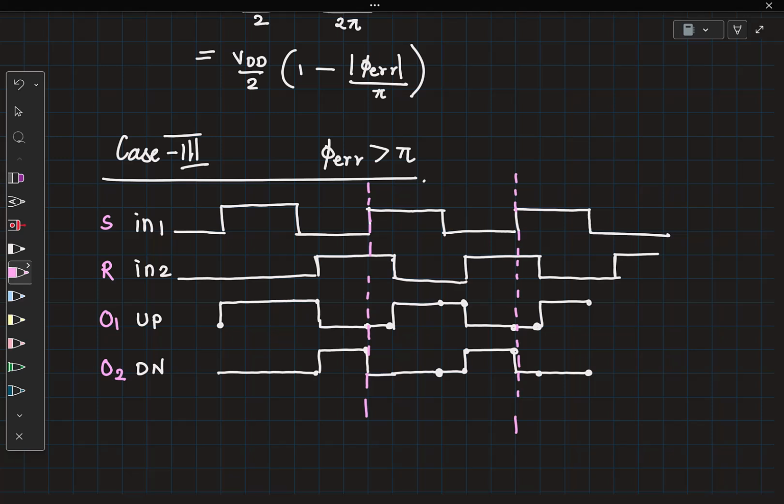Now, we know this whole duration is delta t. This duration is t naught. From here to here is your delta t. Now, what is this duration here?